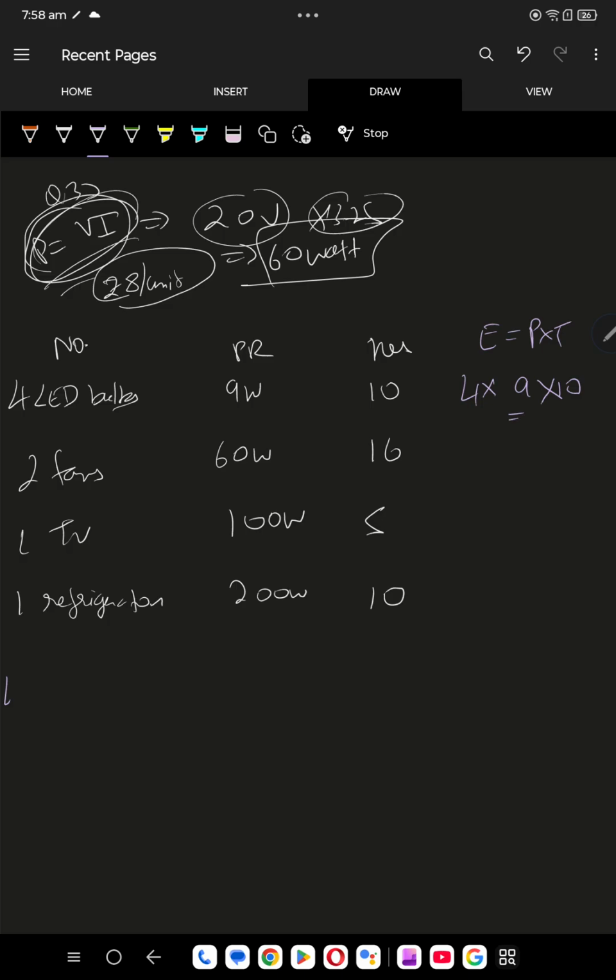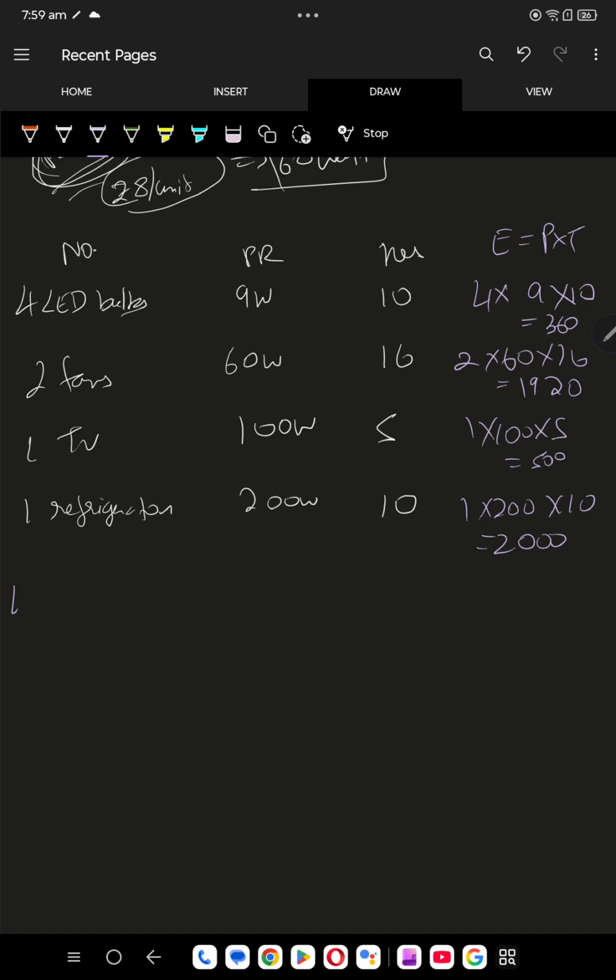So that is going to be 40 into 9, which is going to be 360 watt hours. Similarly, 2 into 60 into 16, which is going to be 1920. Then 100 into 5 into 1, which is going to be 500. I'll write the step also to avoid confusion: 1 into 100 into 5, 500. Then 1 into 200 into 10, that is going to be 2000.